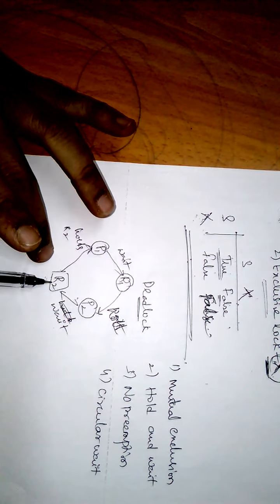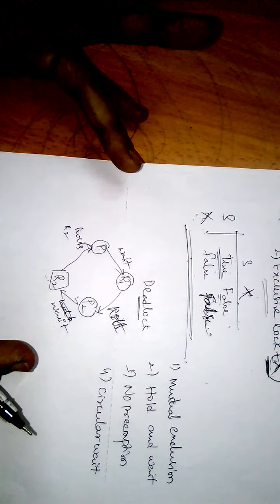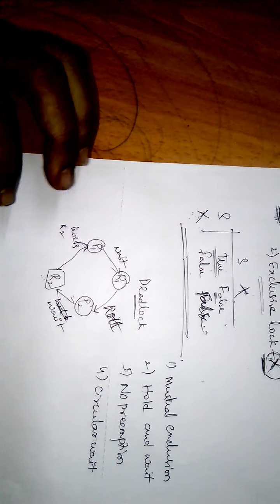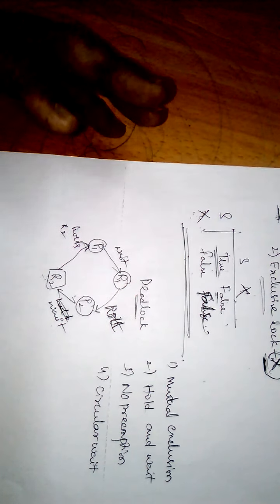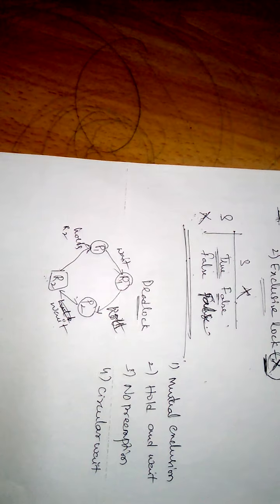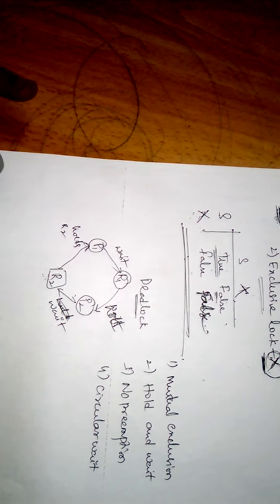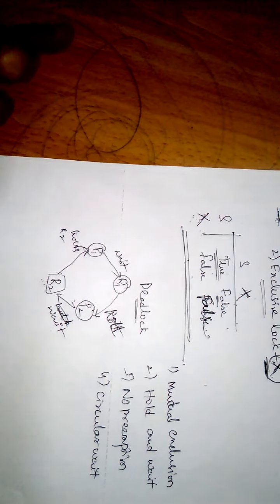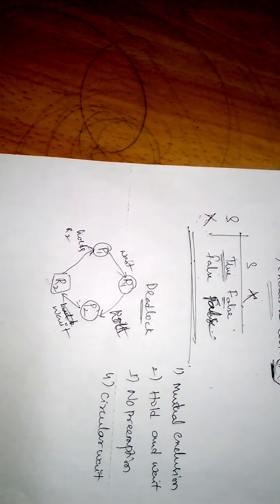Now P2 can hold R2. So in a deadlock situation we have to cancel or release one or more transactions. Once a transaction is aborted, the locks held by this transaction will be released and the execution continues.